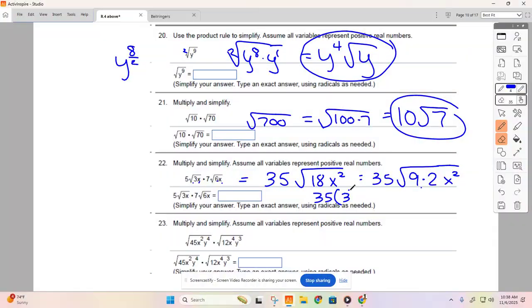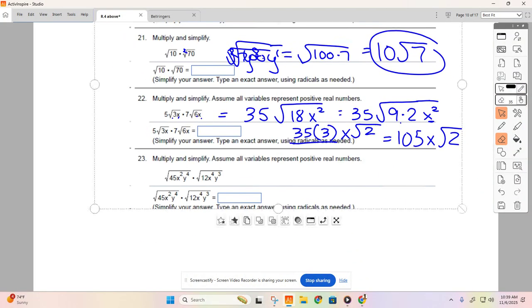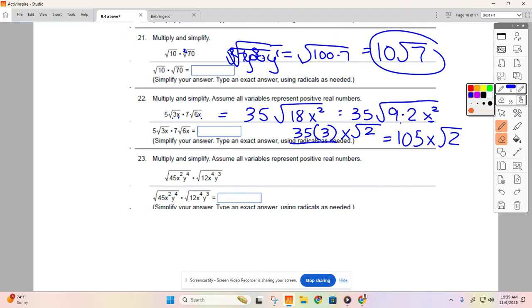That gives me 3. That still leaves me a 2 underneath. I can take the square root of x squared. That takes the x out. So my final answer, I just have to multiply 35 times 3, 105x square root of 2. The original x went inside because you didn't have another x, you didn't have 2 x's, right? Correct.